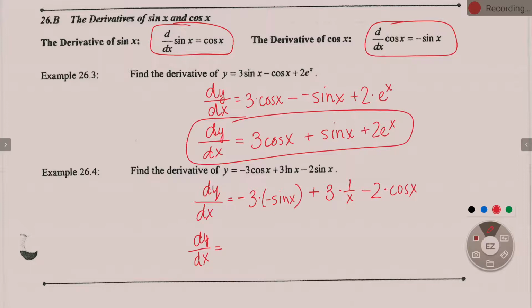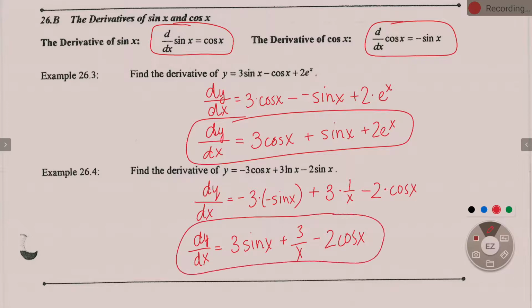Negative 3 times negative sine is going to make this 3 sine x. 3 times 1 over x is plus 3 over x, minus 2 cosine x. Questions there? Okay.